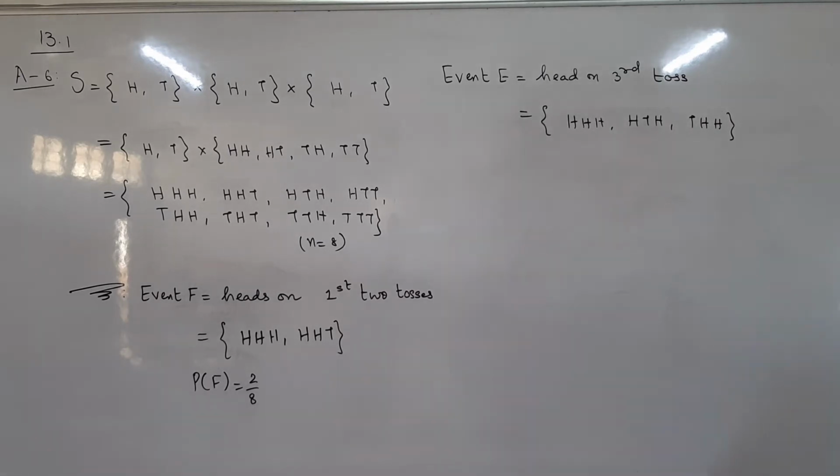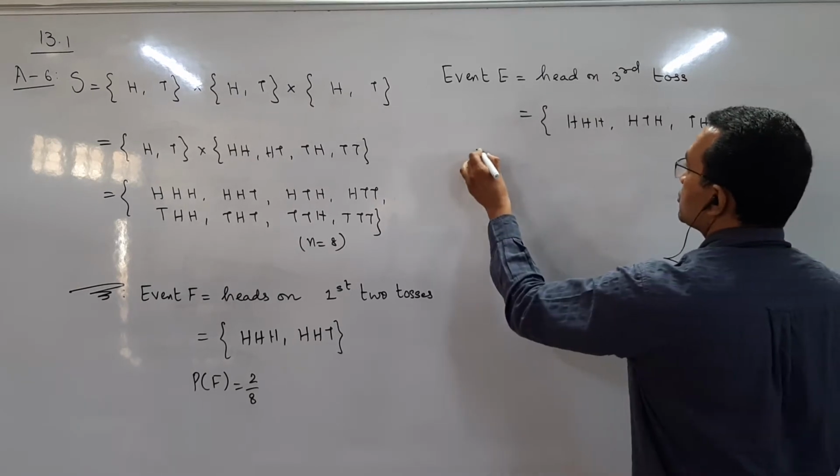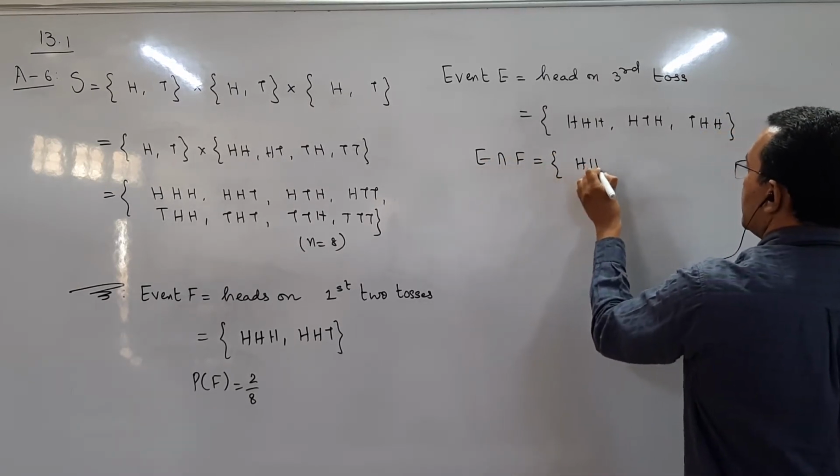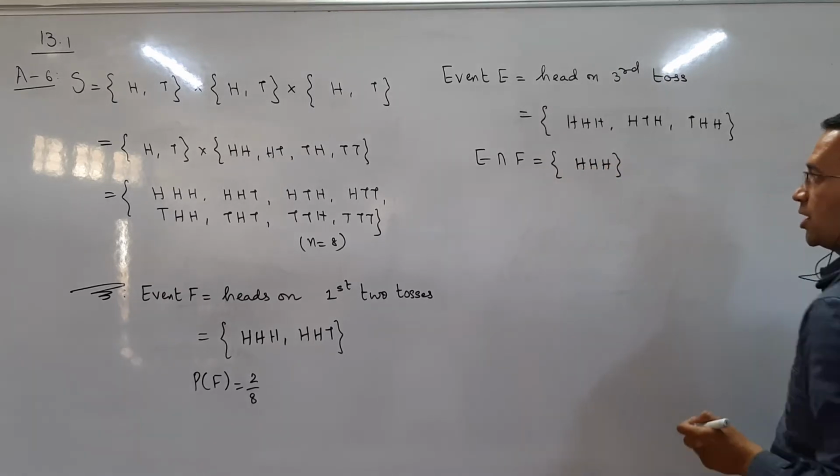Now students, from event E onwards, you have to understand and write this in a slightly different way. We do not need individual probability of event E, but we need E intersection F, and E intersection F is given by a singleton set {HHH}.